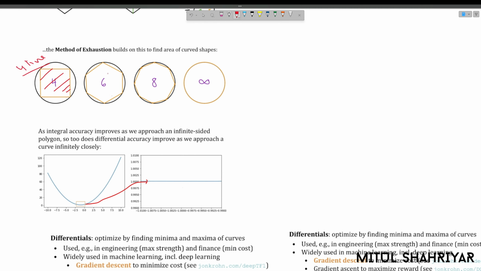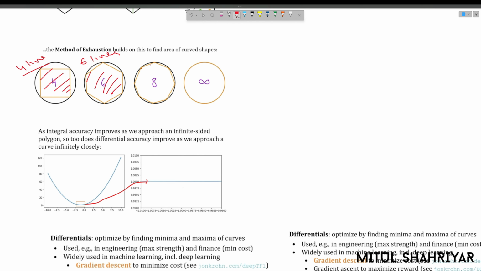Okay, if we increase the lines, you can see 1 2 3 4 5 6. When we have 6 lines to cover this circle, you can see, okay, it covered much more area than before. And here, if we increase it much more, then we can see it almost covered the whole circle.